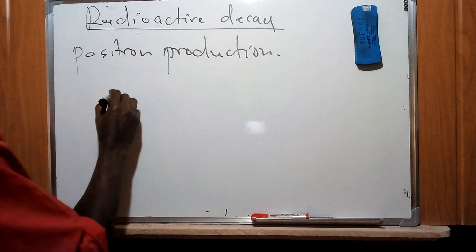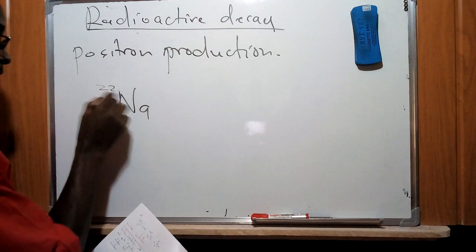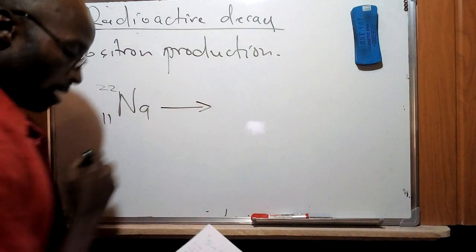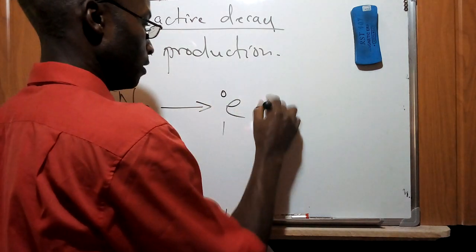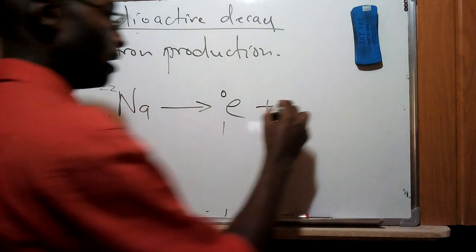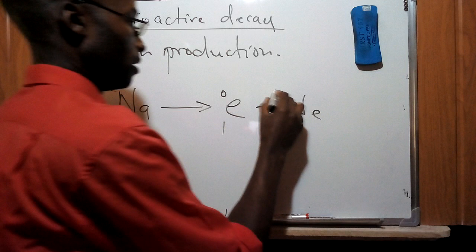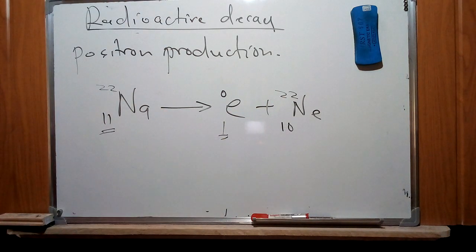So I'll give an example of an illustration of what occurs, with the element sodium. This is forming a positron, a positively charged electron, and the resulting nucleus having mass number 22 and 10. If you see the difference between this one and this one, the net effect is to change a proton into a neutron.